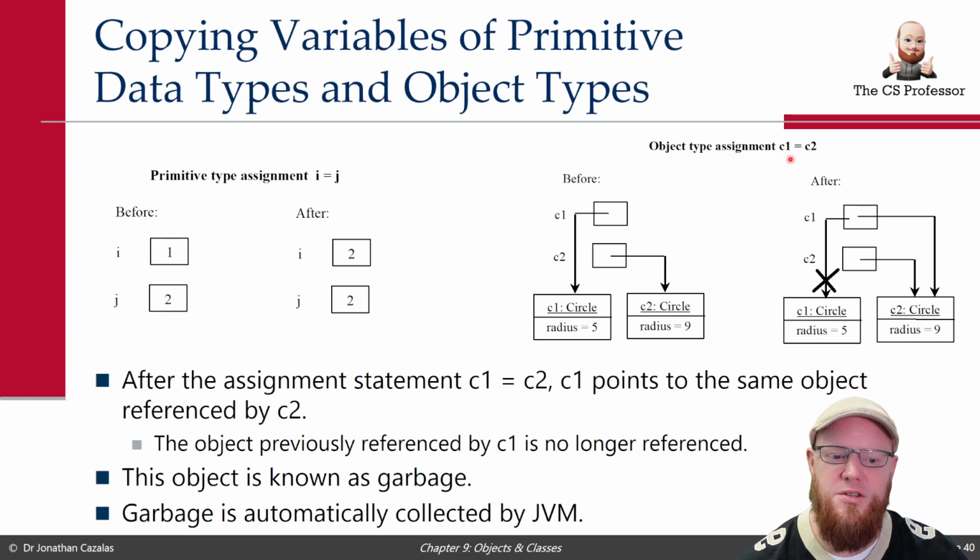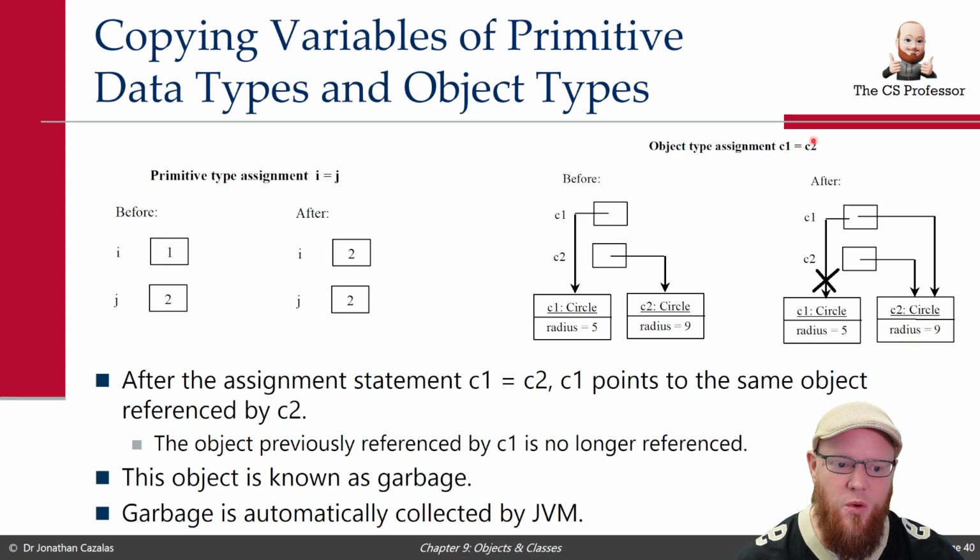Well, pay attention to what happens when we do that same type of assignment now with a referential data type. So here, if we have these two objects, c1 and c2, before the assignment, c1 points to this circle object with a radius of 5, and c2 points over to this circle object with a radius of 9. So what if we make this assignment c1 equals c2?